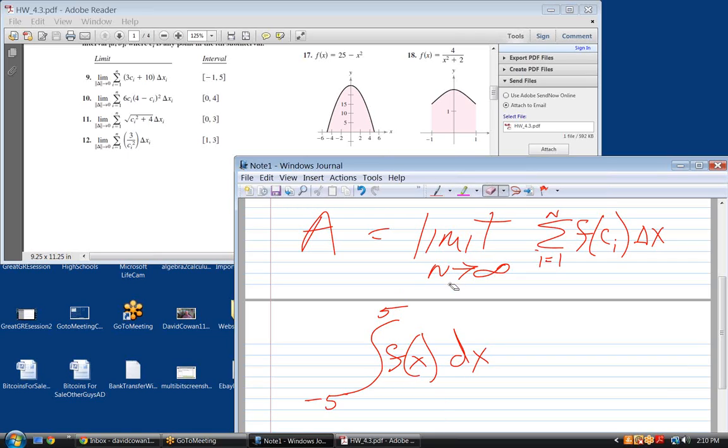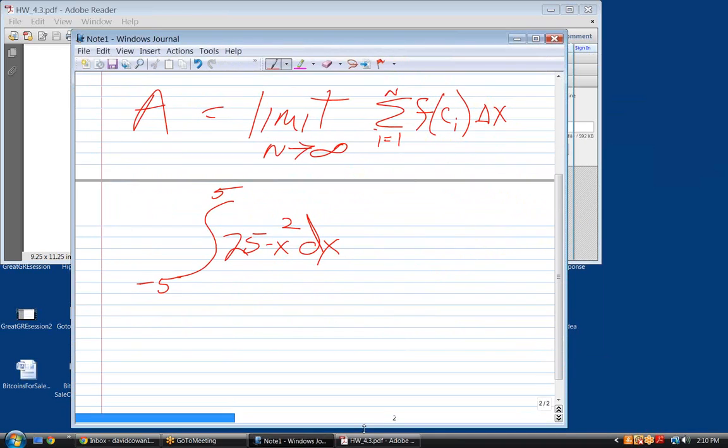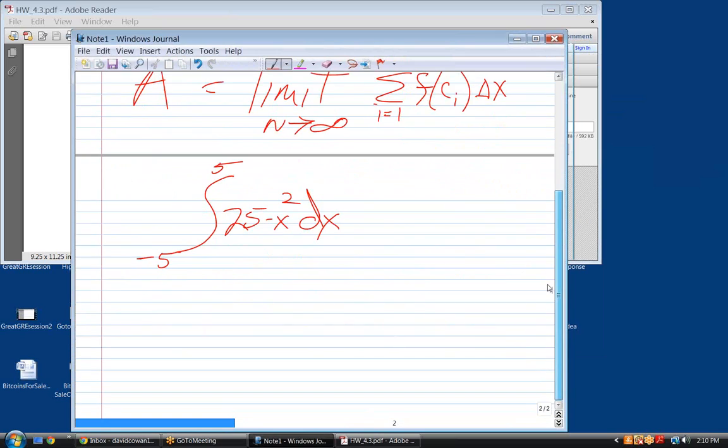Well, this function happens to be 25 minus x squared. Now, let's just make sure you know how you would solve this. Even though it might be getting a little ahead, I think you know how to do this. What's the integral equal to?